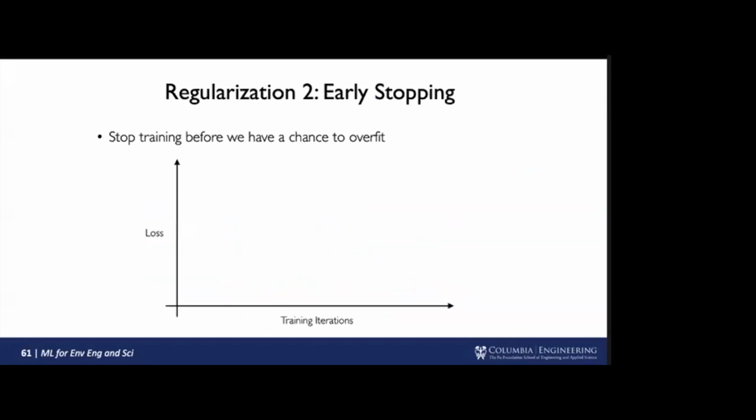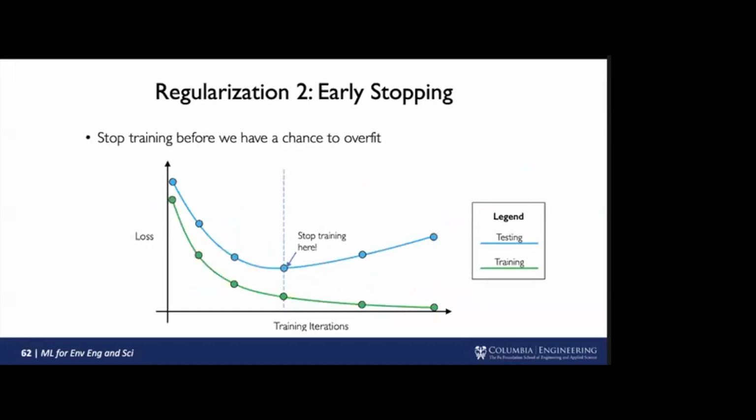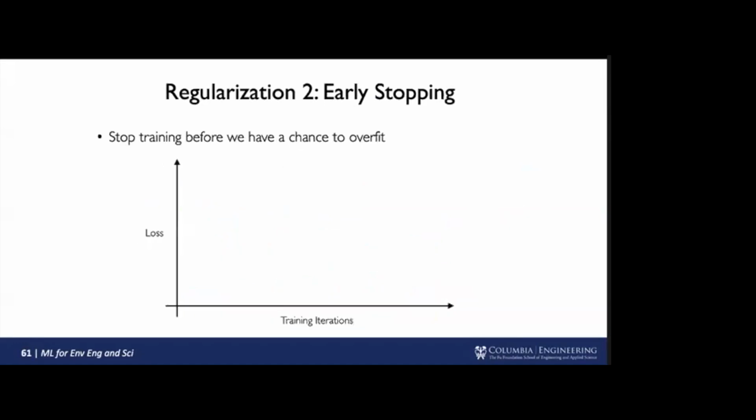Now, early stopping is another strategy to prevent overfitting. Instead of training the network until the loss is as small as possible on the training data set, we stop training earlier. We set a cutoff. Whenever your loss is around or smaller than this value, we stop.